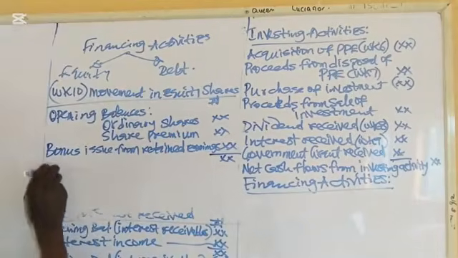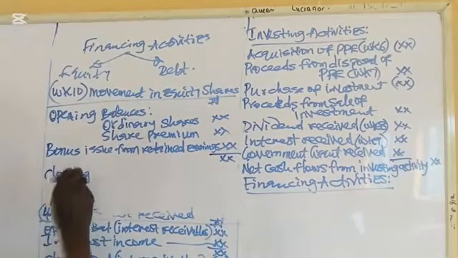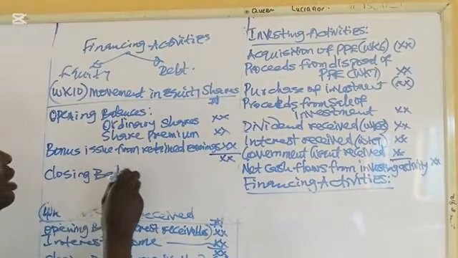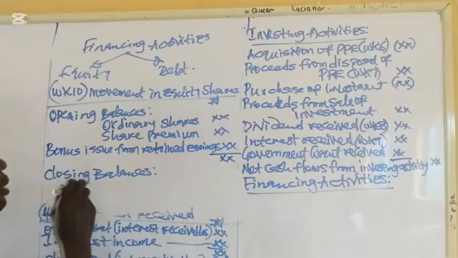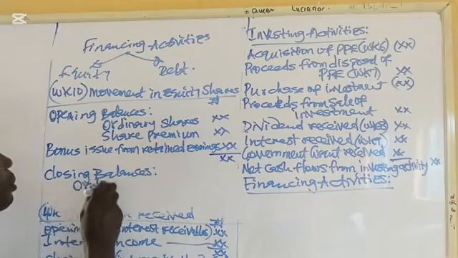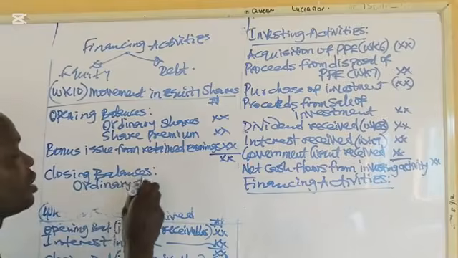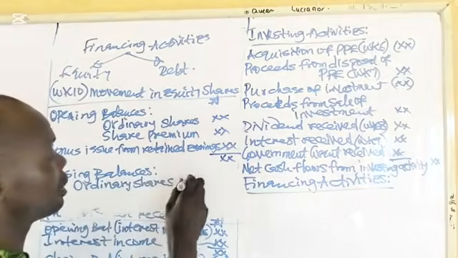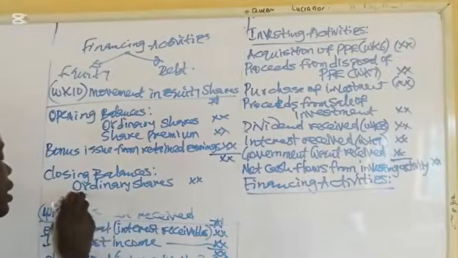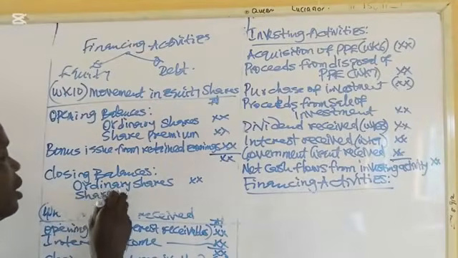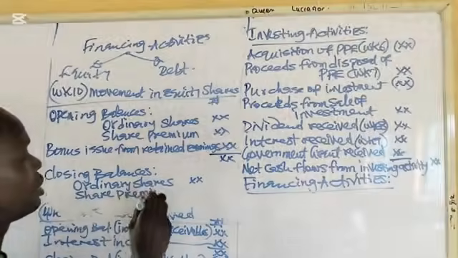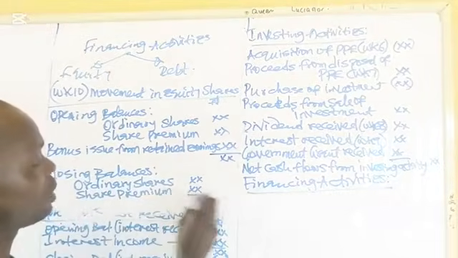Then you have the closing balances. It comprises ordinary shares and the share premium.